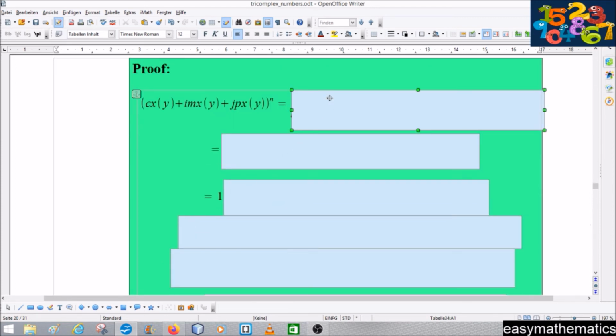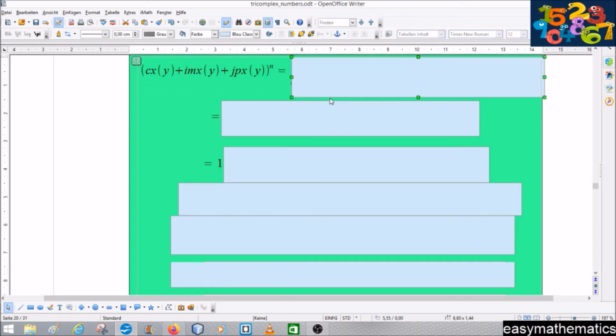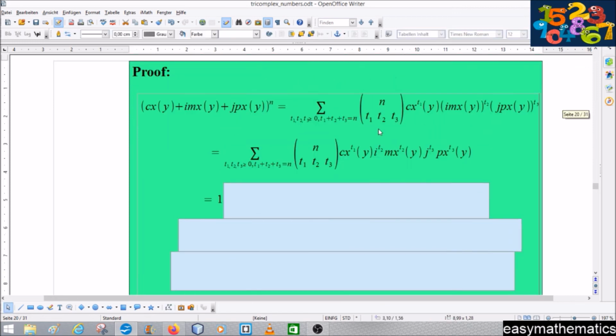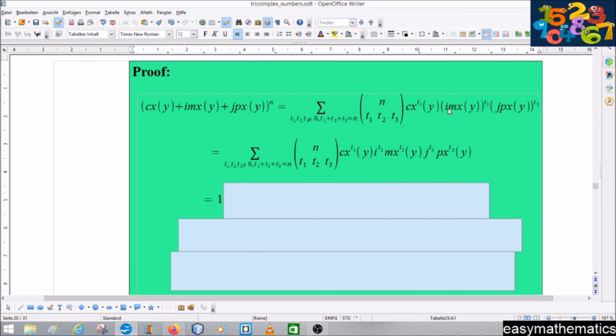The first step is we have a trinomial here, and we raise it to the power n. So here are the trinomial coefficients, and then we have (cx)^t1, (i mx)^t2, and (j px)^t3. Now we can distribute the exponents into the product, okay?